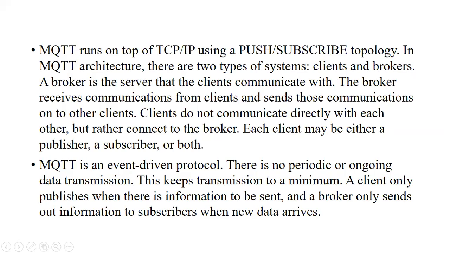MQTT runs on top of the TCP/IP model using a publish subscribe topology. In MQTT architecture, there are two types of systems, clients and brokers. A broker is a server that the clients communicate with. In the previous slide, you have seen that the temperature sensors are the clients and those sensors are communicating with the broker.